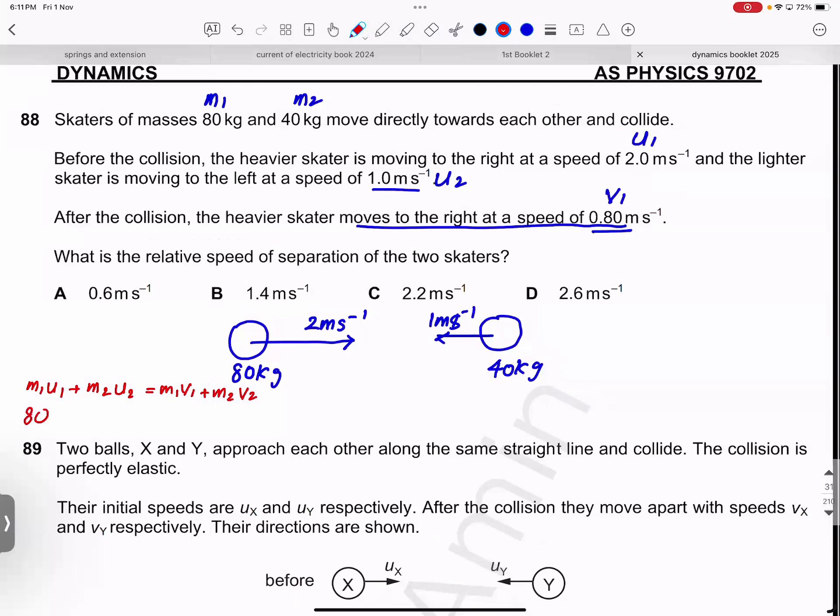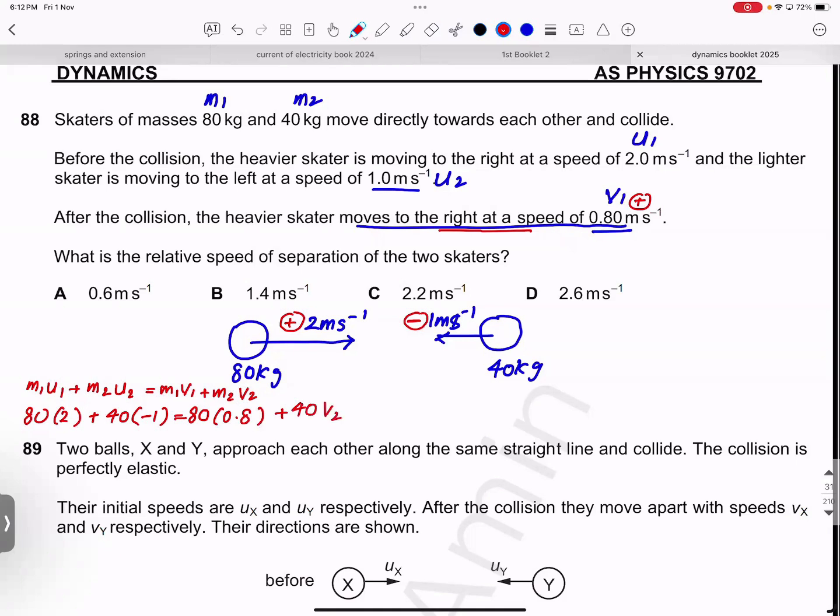M1 is 80. I will take the right side as positive, so the left side I will take negative. So U1 is 2, M2 is 40, U2 is negative 1, M1 is 80, V1 since it is right, so still positive, 0.8, M2 is 40 into V2 we will find.